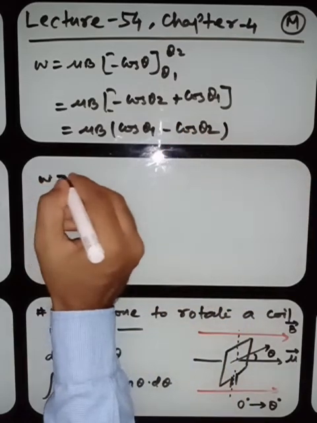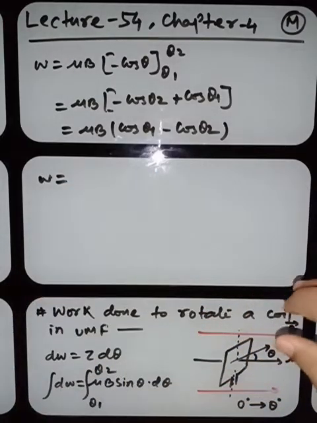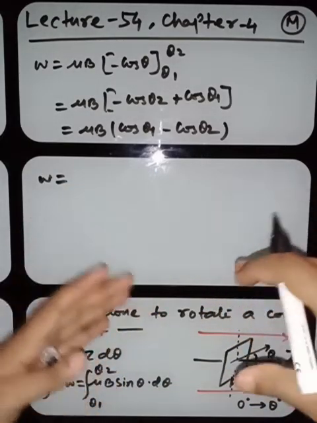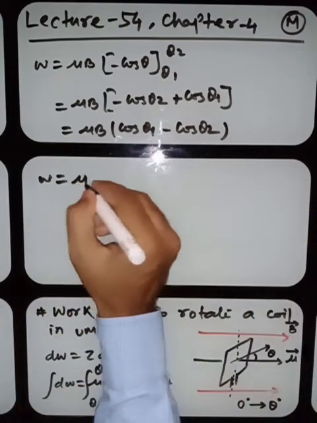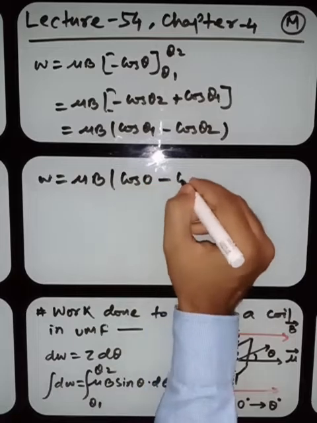Now try to find out. If you want to rotate the coil from the first angle, that is 0 degree, to some certain angle theta, then it is mu B cos 0 minus cos theta.